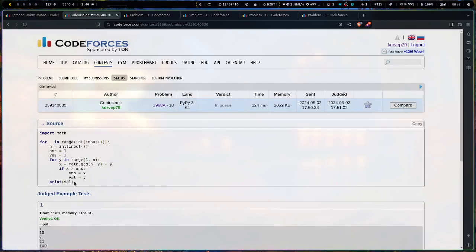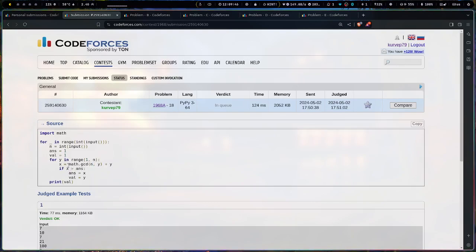So this is the solution. We initialize our answer to be 1 and value is also 1. Initially both are 1. Now we need to maximize this answer, and for what value we get that maximum answer, we need to store here. So I ran a for loop from 1 to n, that is y, because the range of y is 1 to n. Here n means x.